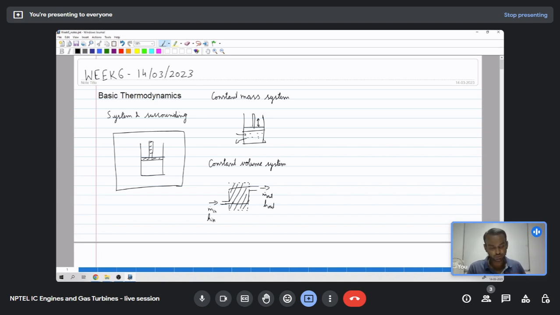So this is one type of classification, and another type of classification is open system, closed system, and isolated system. In an open system we can have heat and mass transfer.